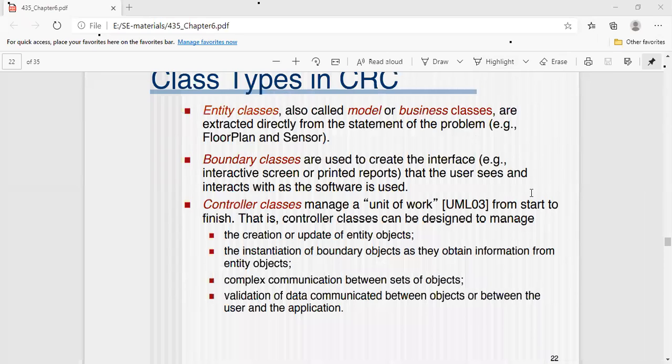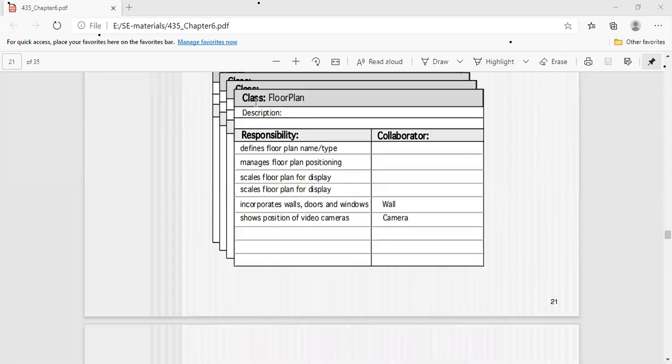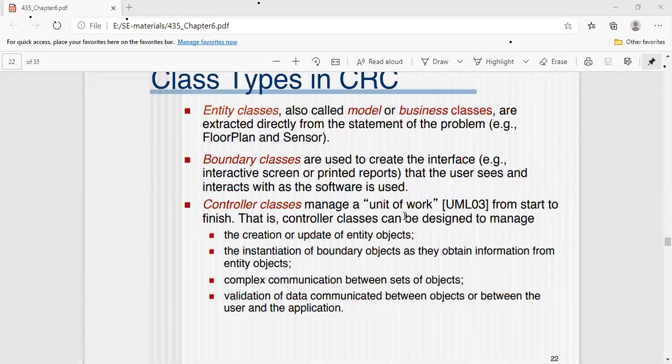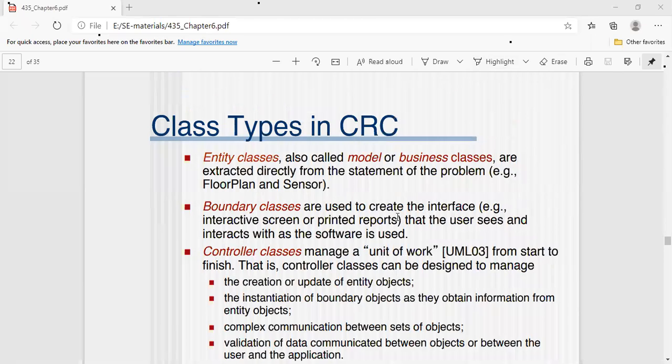In the first part we have seen the class name. Now in this slide we are going to learn what the class types are. We are going to discuss the types of classes in CRC.